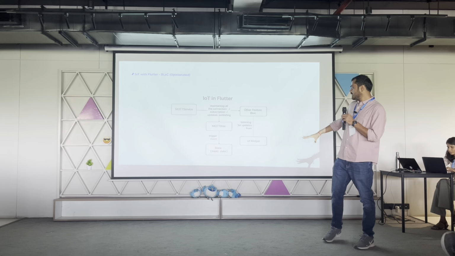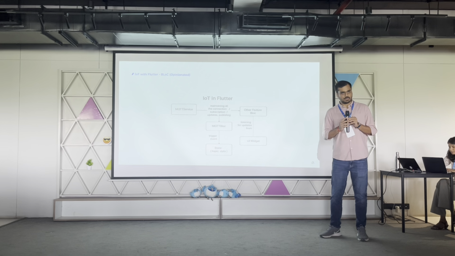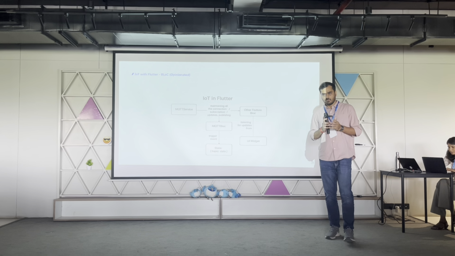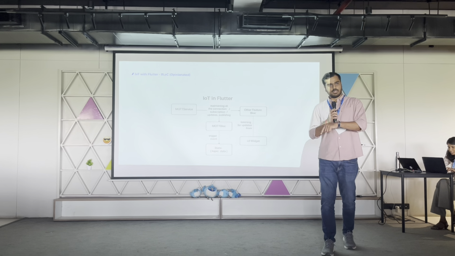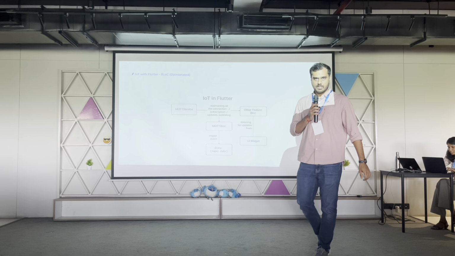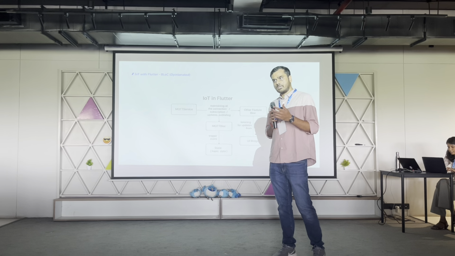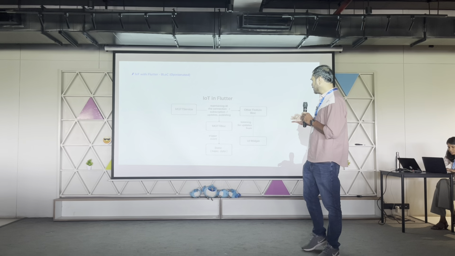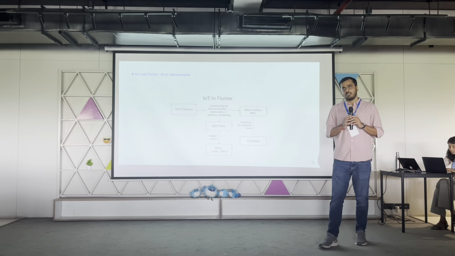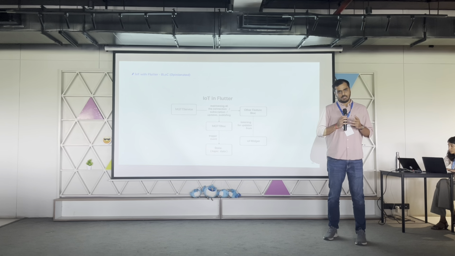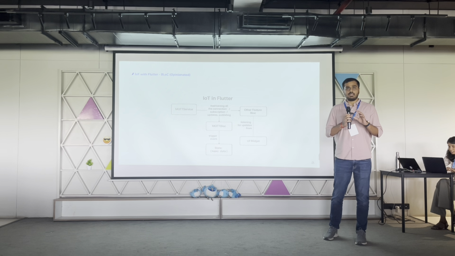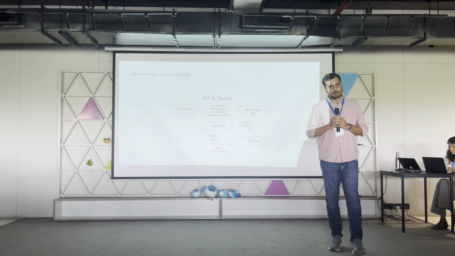So we created one Bloc for MQTT. Usually a Bloc will connect with the repository, and the repository will do the HTTP connections, right? All the request-response thing. In case of MQTT, we just remove the repository, because again, it's an async structure that we are dealing with.